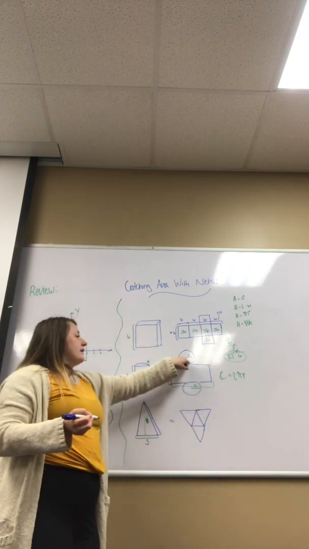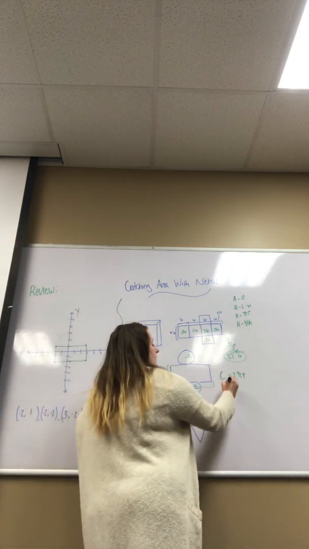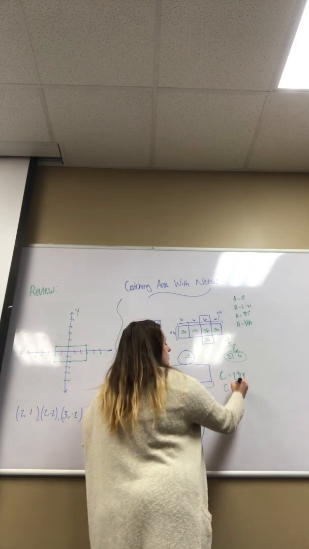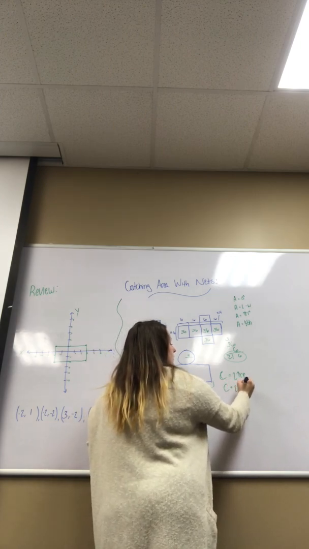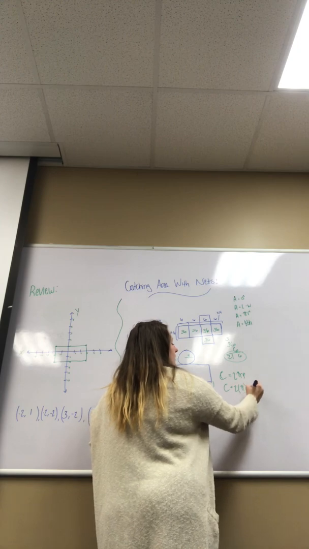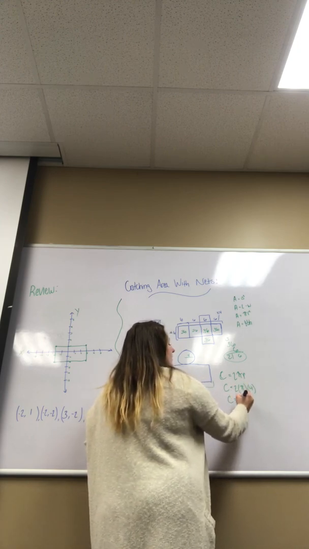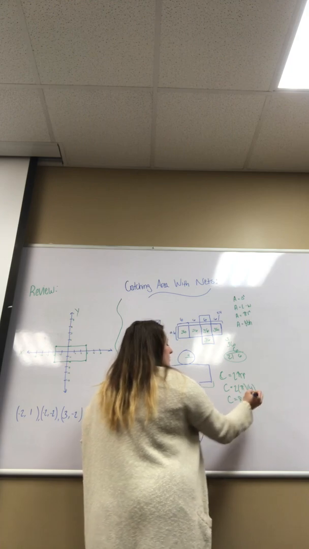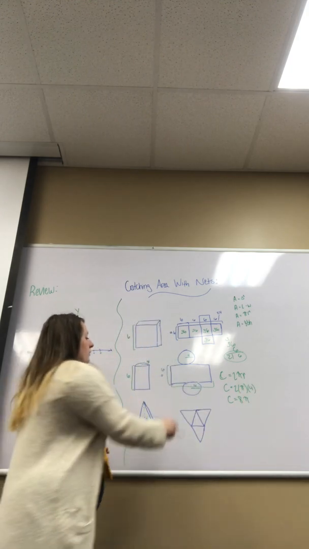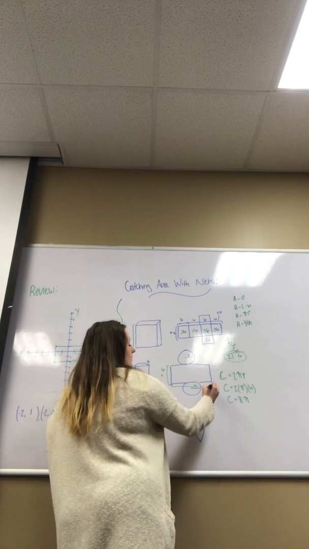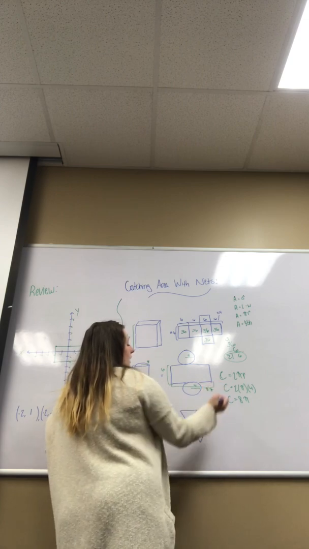Radius. Now radius is 4. So we're going to have C equals 2 times pi times 4. So our circumference is 8 pi, okay? So this length right here is 8 pi.